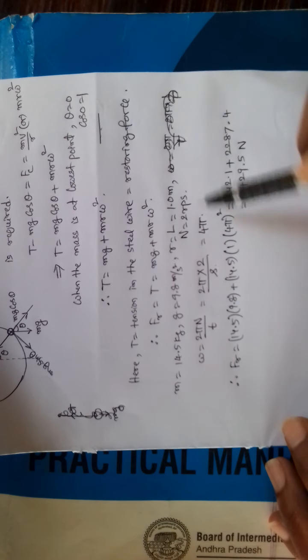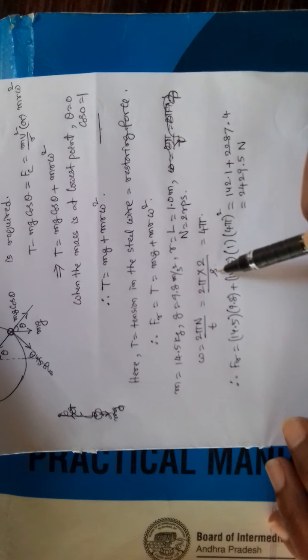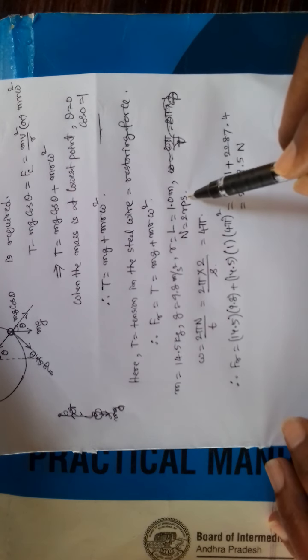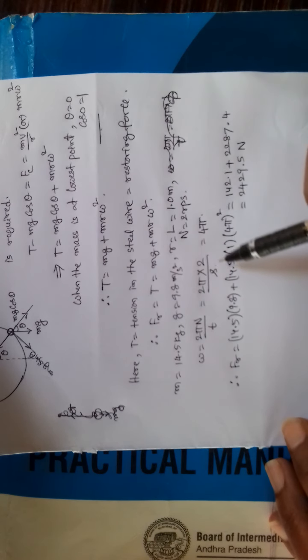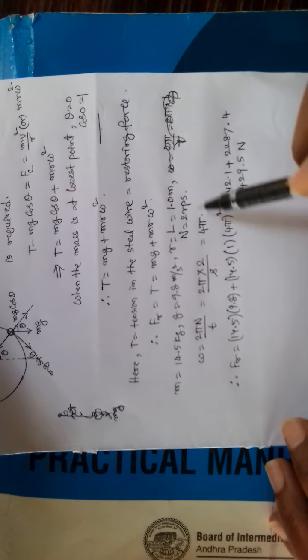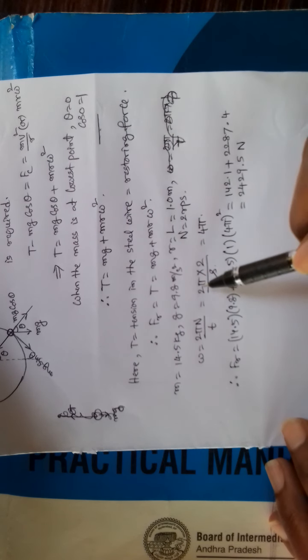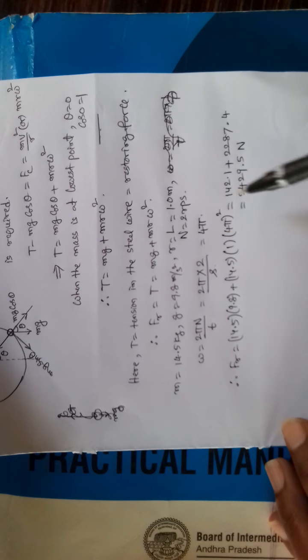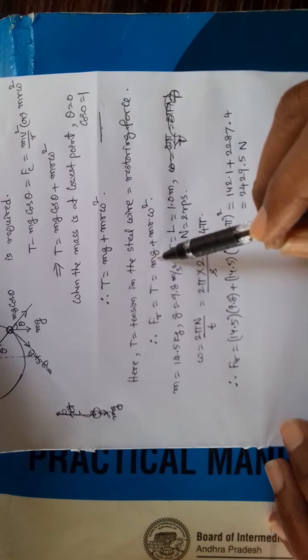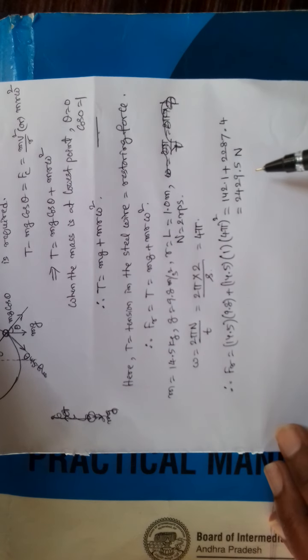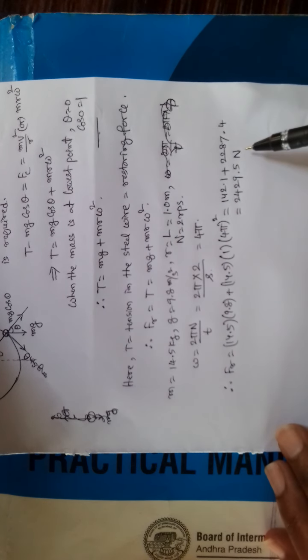Here t is time, per second means here 1 second. Sometimes revolutions per minute will be given; if it is a minute, we write 60 seconds. But here it is in seconds. So 2 pi into 2, that is 4 pi. Substituting the values in this expression, we get the restoring force this much.